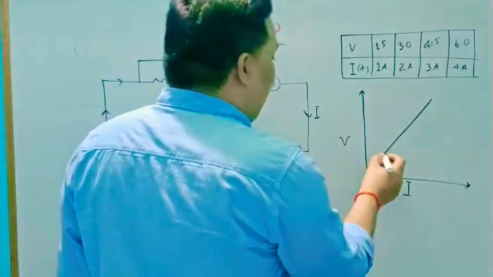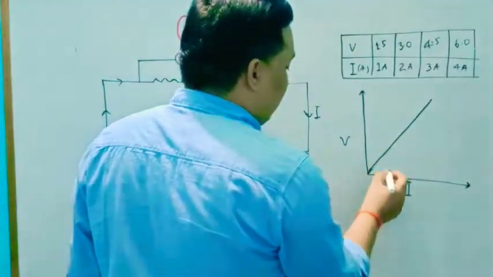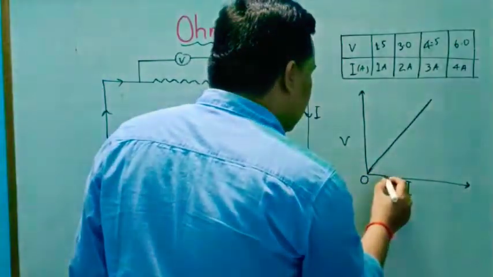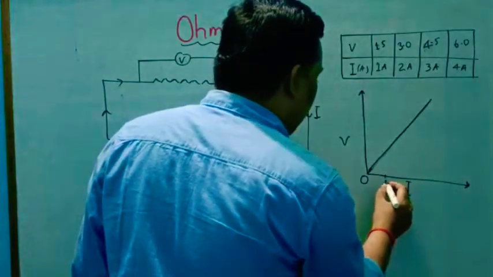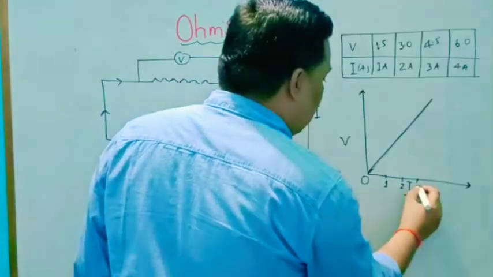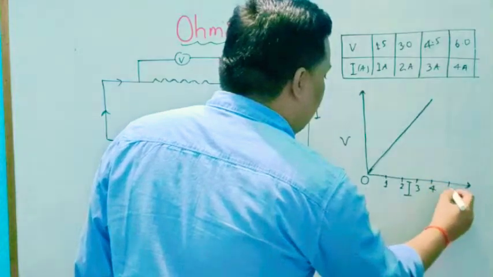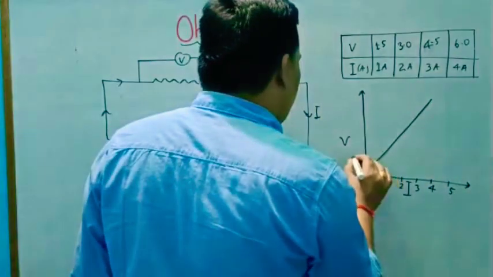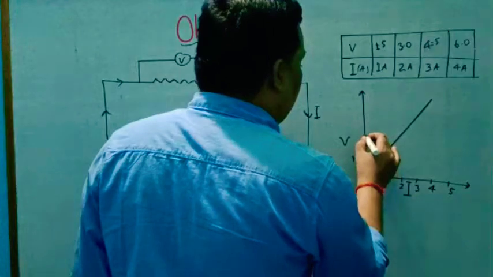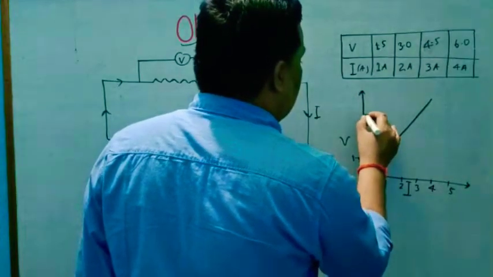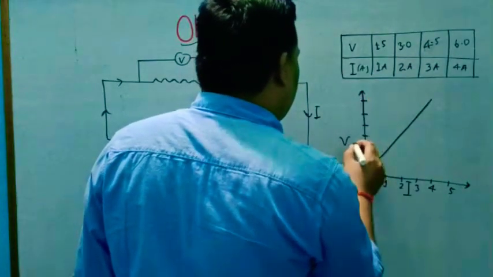So when you take any value on this particular graph, let us mark 1, 2, 3, 4, 5 and so on, 1.5, 3, 4.5, 6, 7.5, 9.